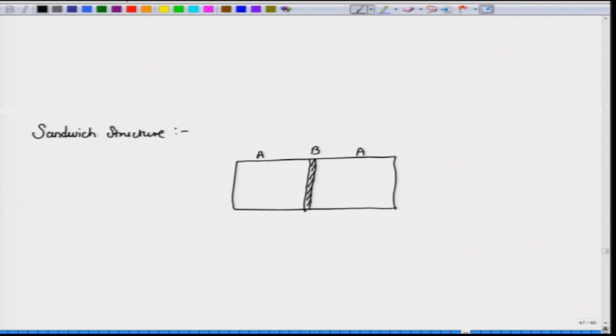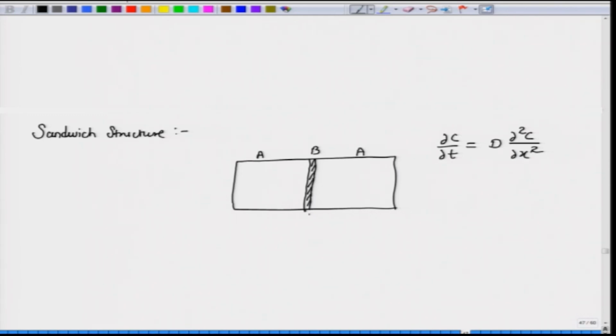Now, we are solving the same equation. But the boundary conditions will be little bit different, also the initial condition.